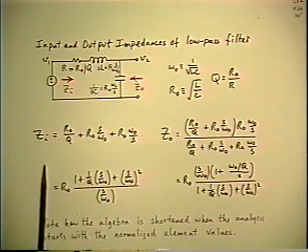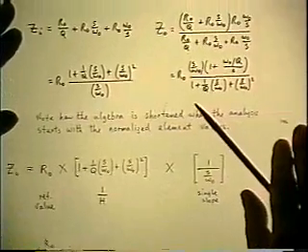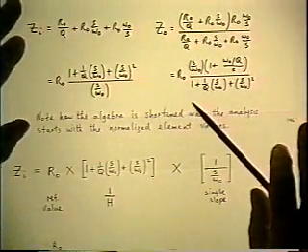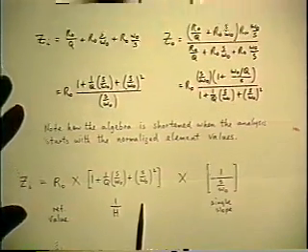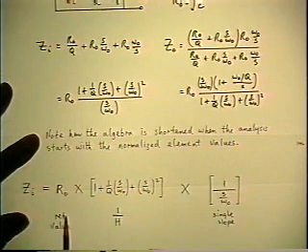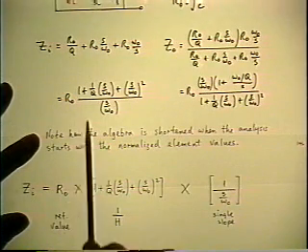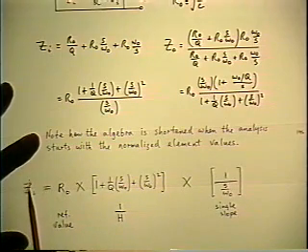For example, in the input impedance, you can consider that to be made up of the product of three factors. R0 in front, which is a scale factor. Notice this is the reference value of the resistance, which makes the scale factor for the impedance.